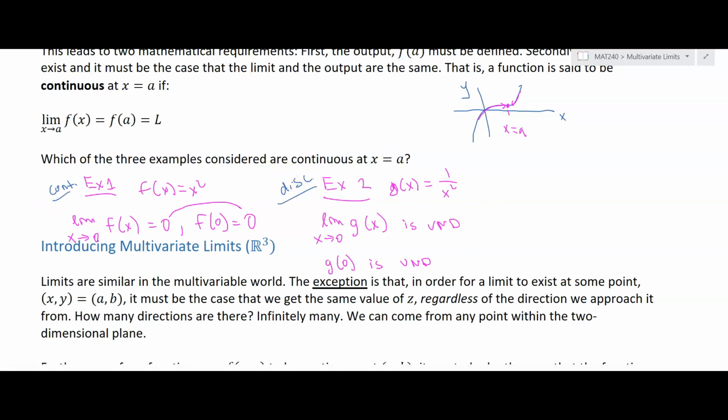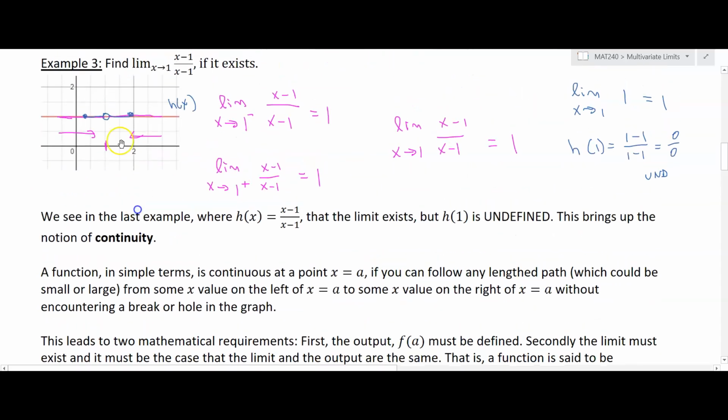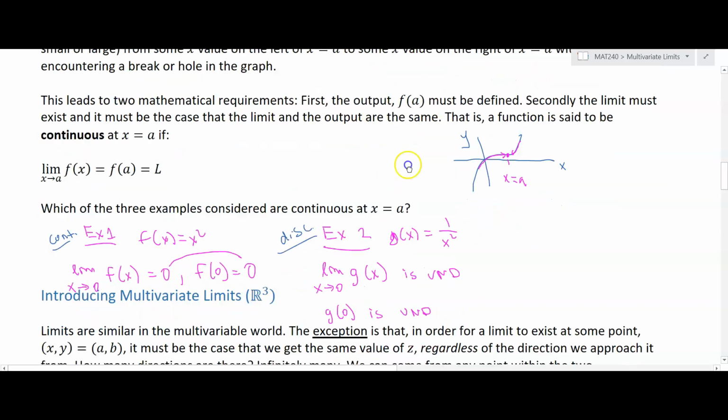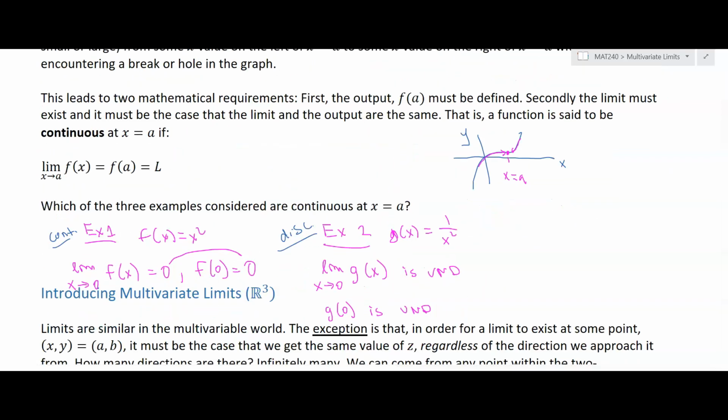And finally, example 3, which we just found out was discontinuous. So example 3 is definitely discontinuous because even though the limit exists at x equals 1, for h of x equals x minus 1 over x minus 1, we had to check two things.